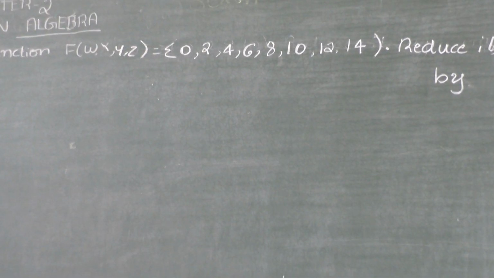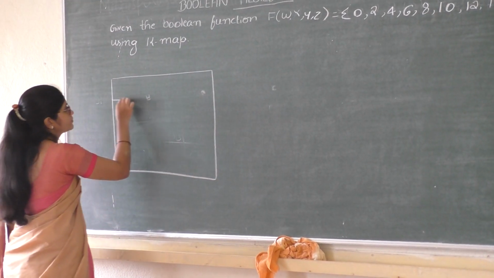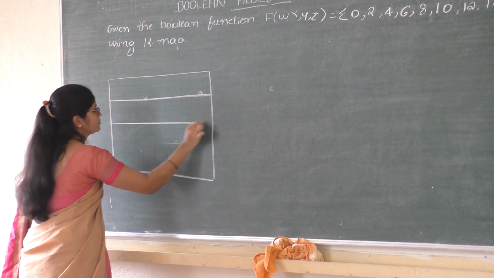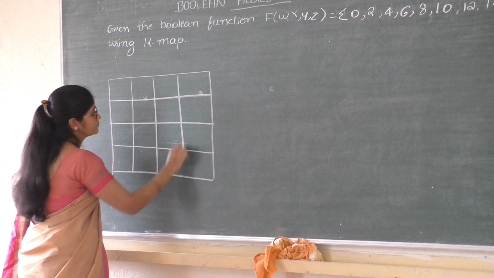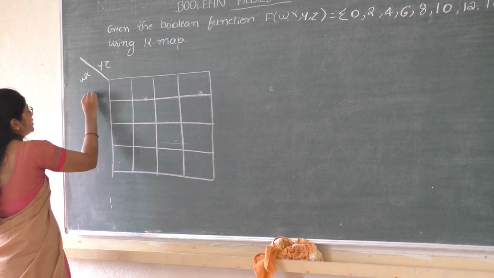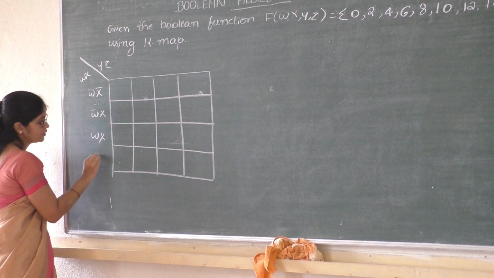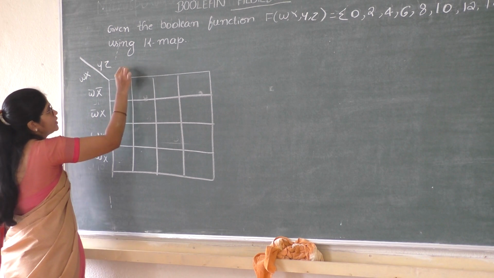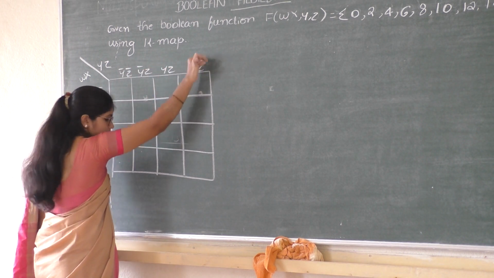The four variables are w x y z. W x, w bar x bar, w bar x, w x, w x bar, y z, y bar z bar, y bar z, y z, y z bar.